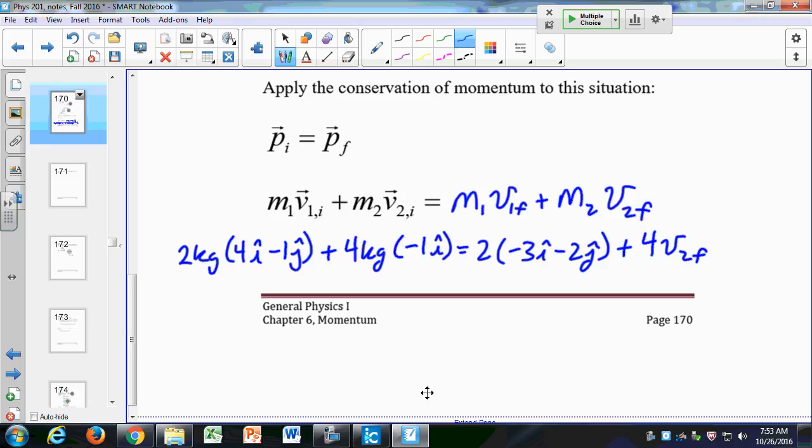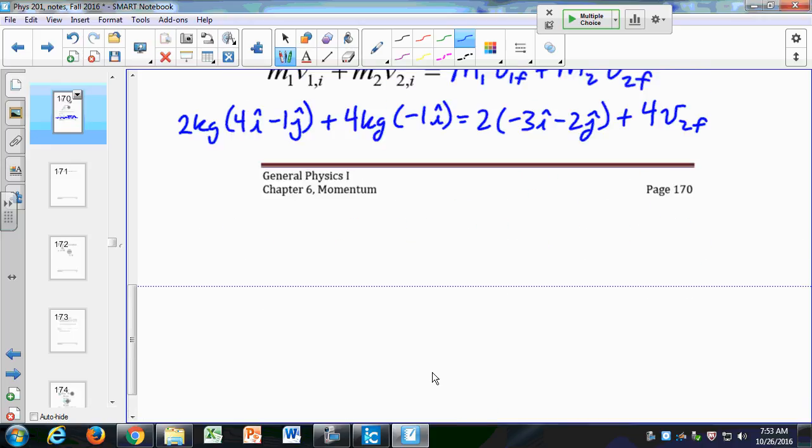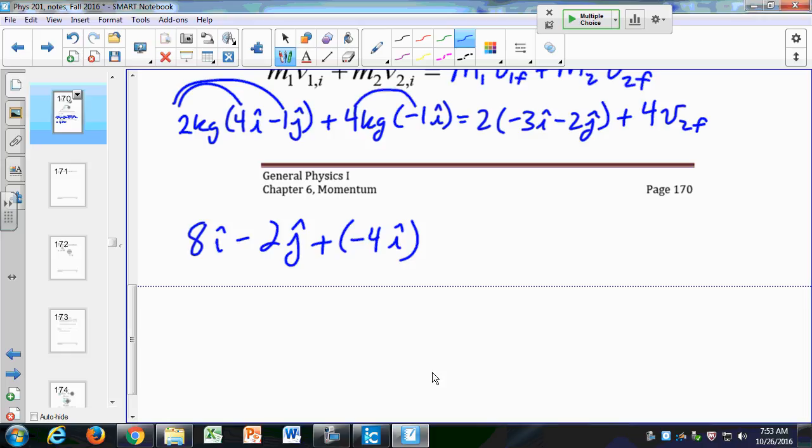You have extra space on the next page, but I'm just going to do it here. Or you can do it here too if you like. So I have 8I minus 1J, or excuse me, minus 2J, just distribute this 2 here, plus negative 4I, distributing that 4 there, is equal to negative 6I minus 4J plus 4 V2 final.